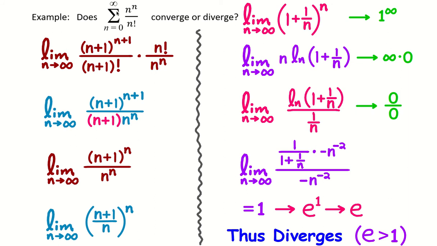Diverges by ratio test. Okay? This was a doozy. If your head was spinning, the ratio test is not very often going to be this crazy with all this algebra and stuff like that. So just kind of rest assured or rest easy about that.